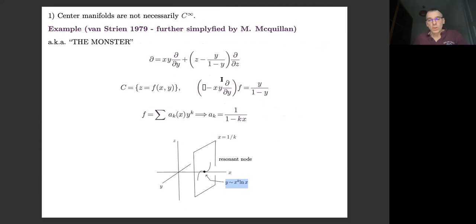So this is the so-called monster. Why? Because you see that this slice, given by x equals constant, gives you the expression of the intersection of the center manifold with the plane x equals constant, right? So in this slice here, you have something which is of differentiability at most C^(k-1) because of this expression here, right?